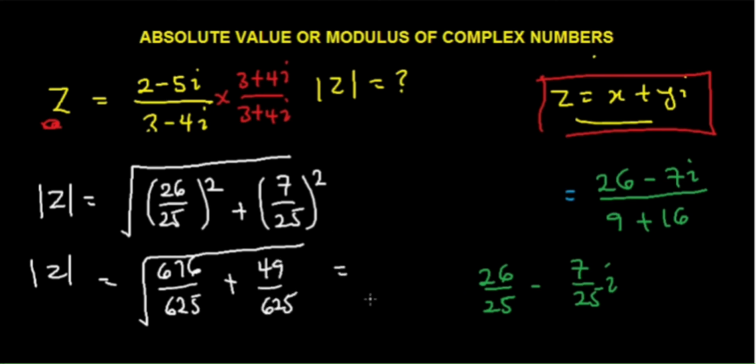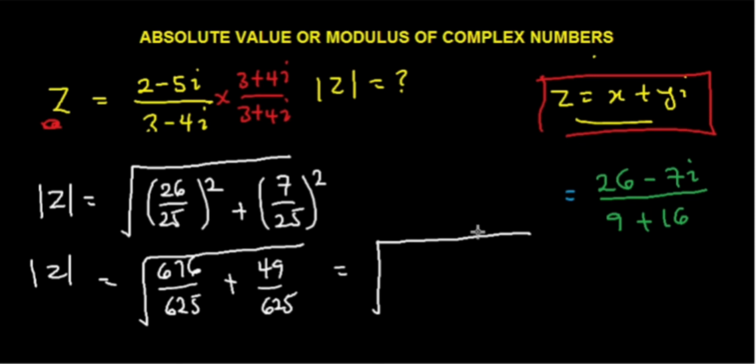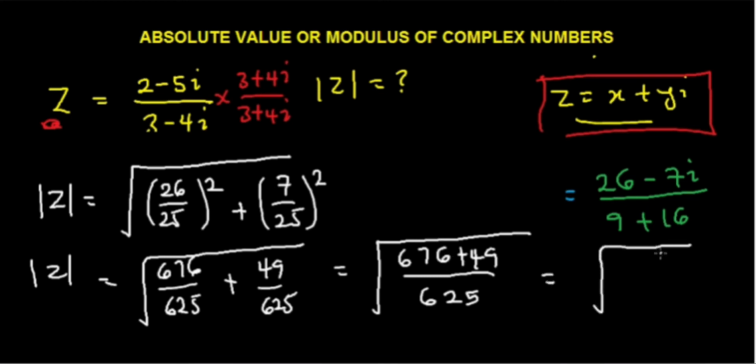So that will be the square root of 676 plus 49 over 625, and this will give me the square root of 725 over 625.